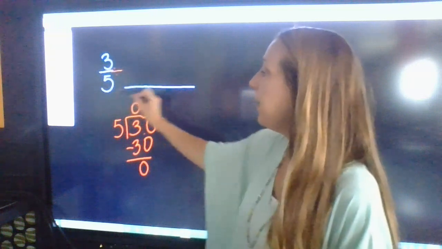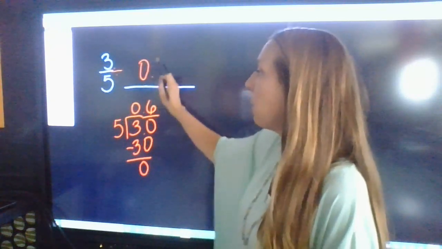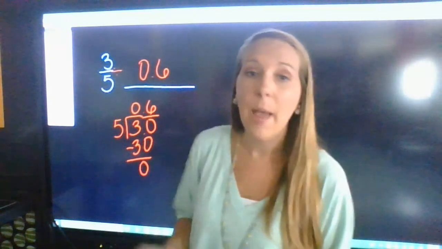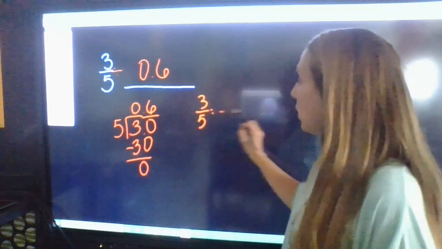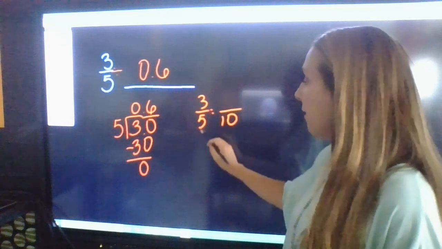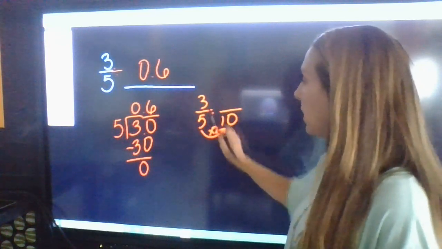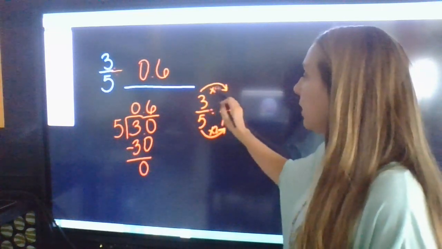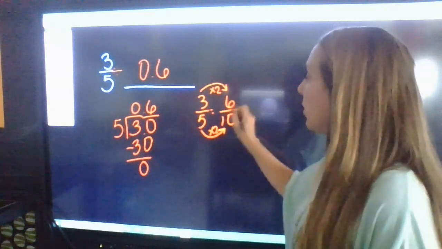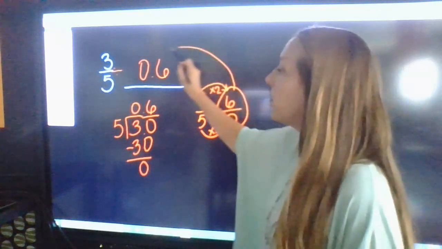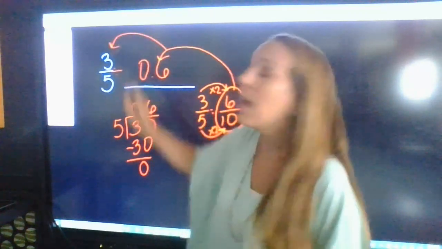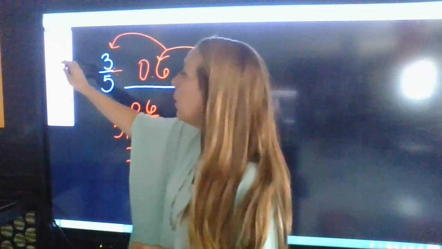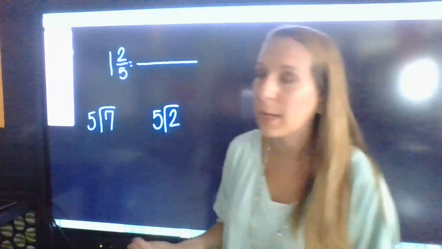So 3/5 is the same thing as 0.6 or 6/10, because when we change our fraction to a denominator of 10, 5 times 2 is 10, and 3 times 2 is 6. So that gives us 6/10, which is the same thing as 0.6, which is the same thing as 3/5. All of those are equivalent, just written differently.